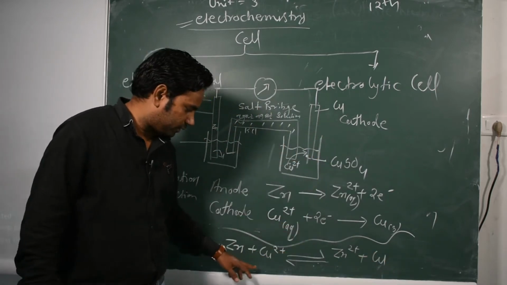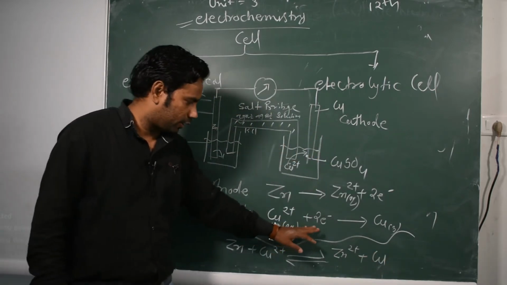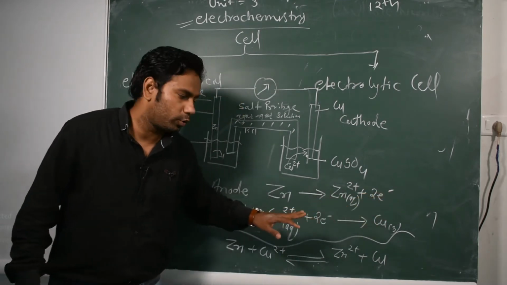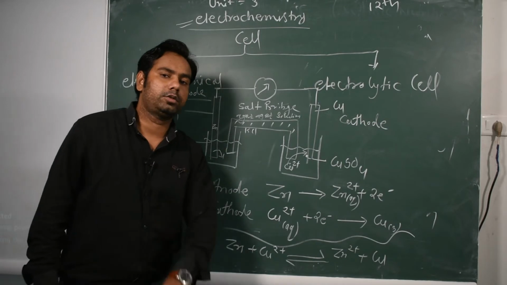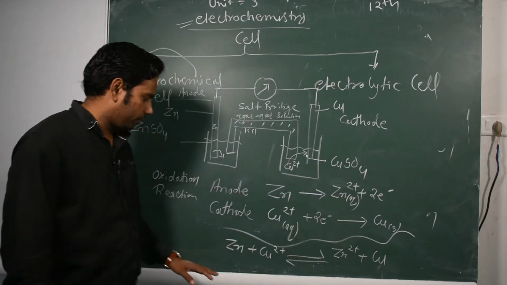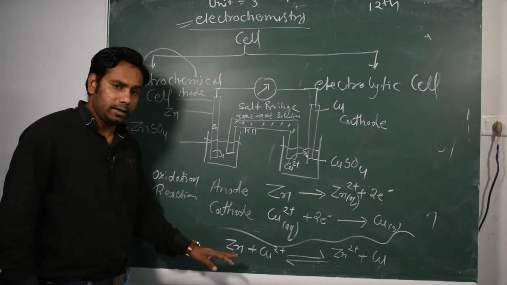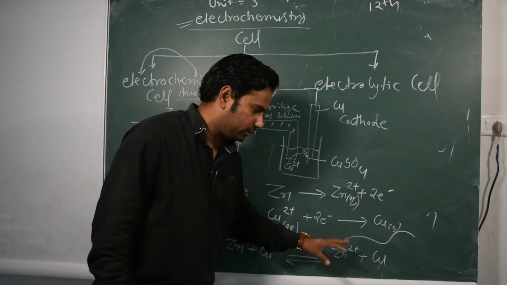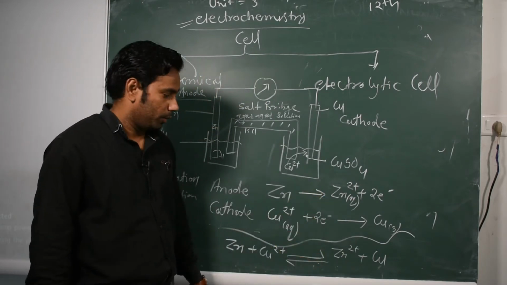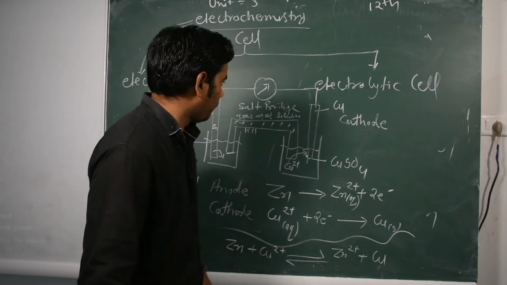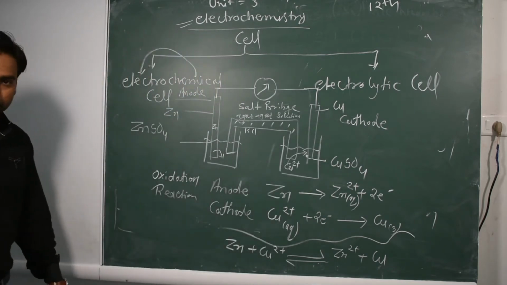Here we do not mention electrons in the full reaction, because the electrons present on the product side and the reactant side are equal in quantity, so they cancel each other. So we mention only Zn plus Cu2+, in equilibrium with Zn2+ plus Cu, because both convert to each other and perform the cell reaction.